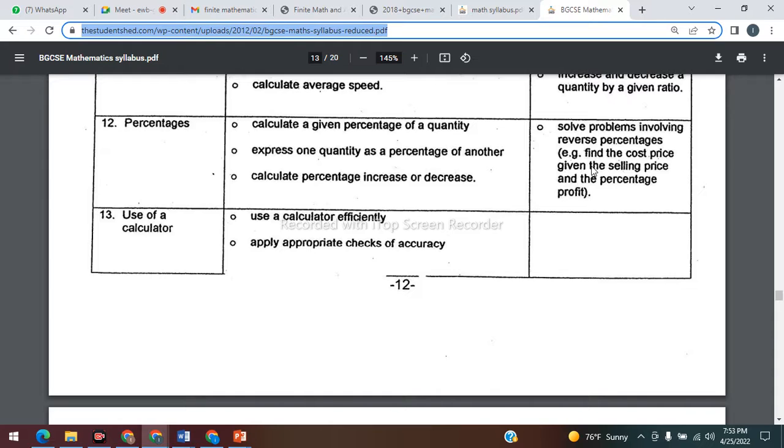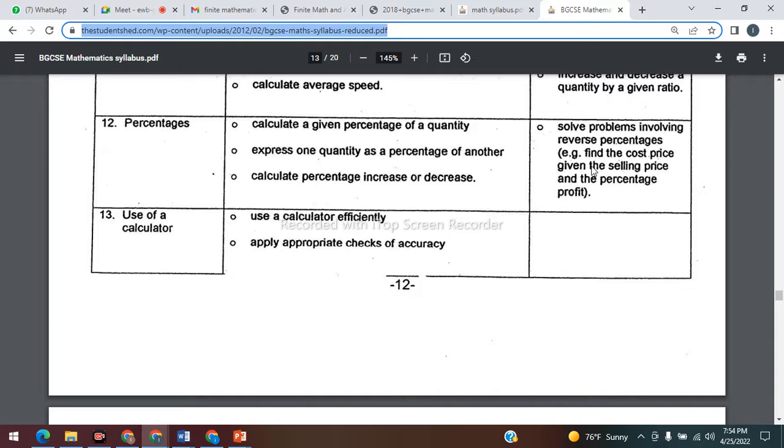Like once it says percentage profit, they would say, write the profit as a percentage of the cost price.